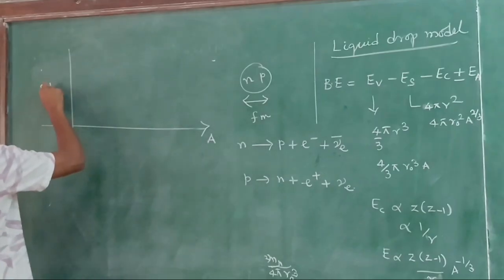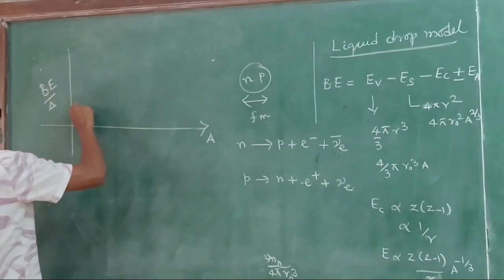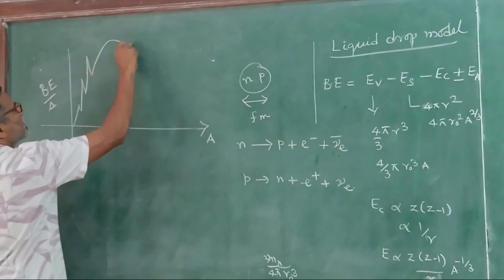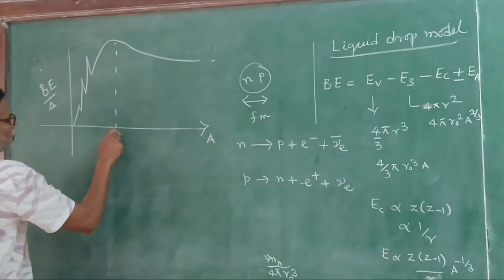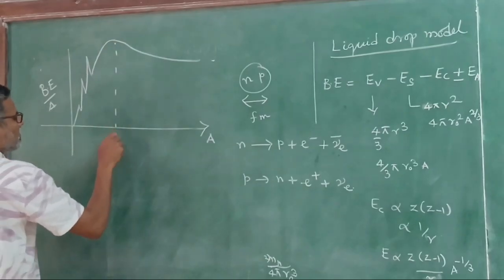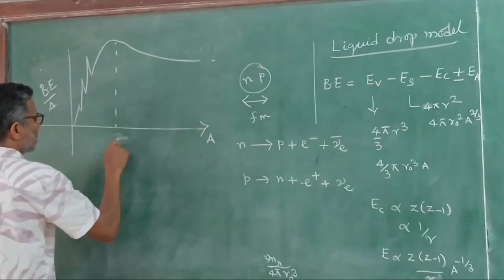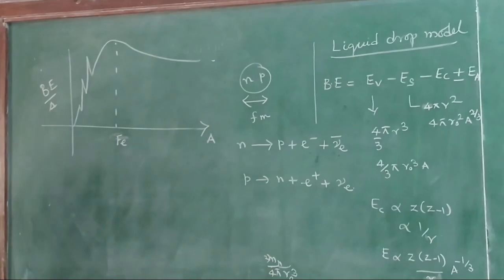Binding energy per nucleon, if you draw it, initially has kind of sharp tips, and then goes on. So this is for iron, with atomic number 26. Iron has the maximum binding energy per nucleon.